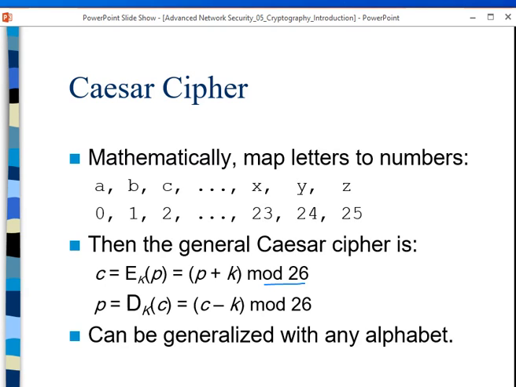As you can see here, mathematically, the Caesar cipher method can be written in this form.